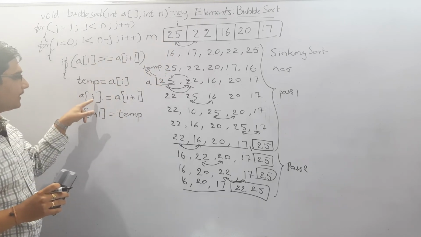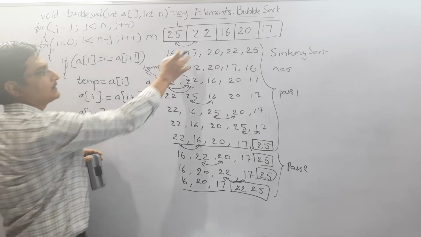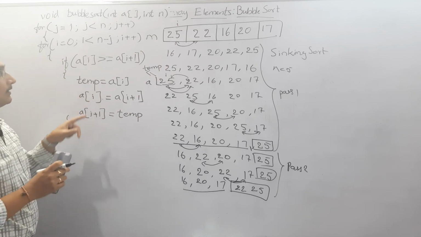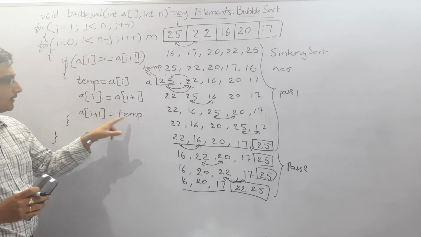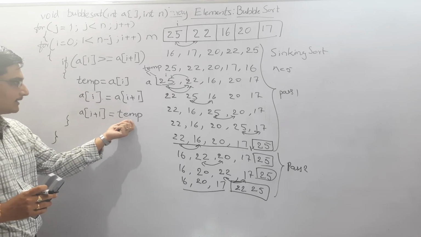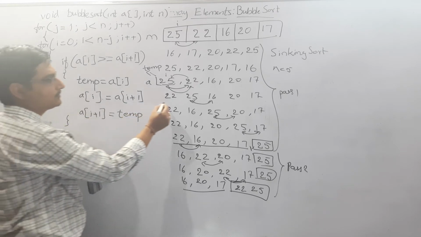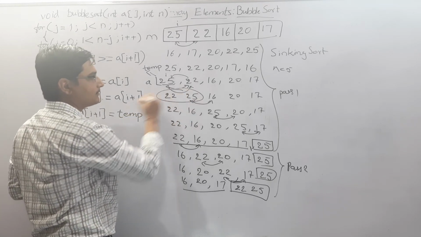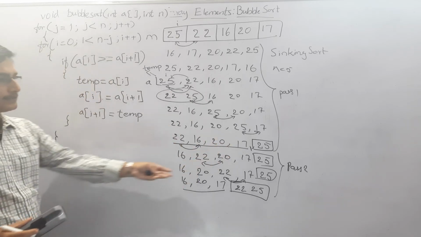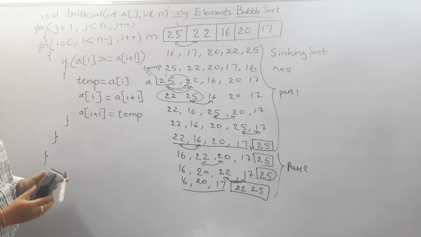Then a of I will be assigned with a of I plus 1, that is 22 will come in this place. Then 25, which was there in temp, will go to a of I plus 1. So I have taken one example of sorting these two. This will be continued till we reach the complete sorted order. I hope this is clear.